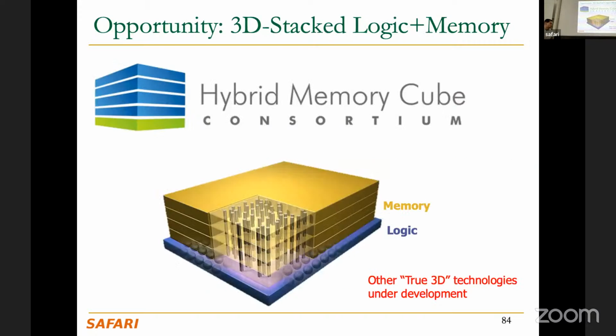So we have this opportunity of leveraging these new 3D-stacked architectures, where several layers of memory are connected together with a layer of logic. Since the memory and logic layers are manufactured in different processes and later connected together, we can design some computing logic inside this logic base to accelerate a given application.